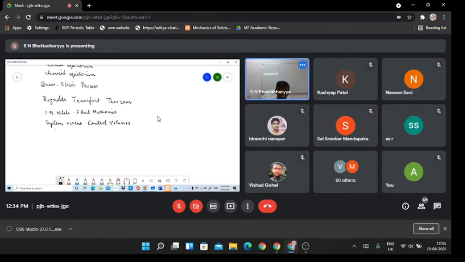According to what we discussed, this would be called a closed system, and this would be what we have called an open system.